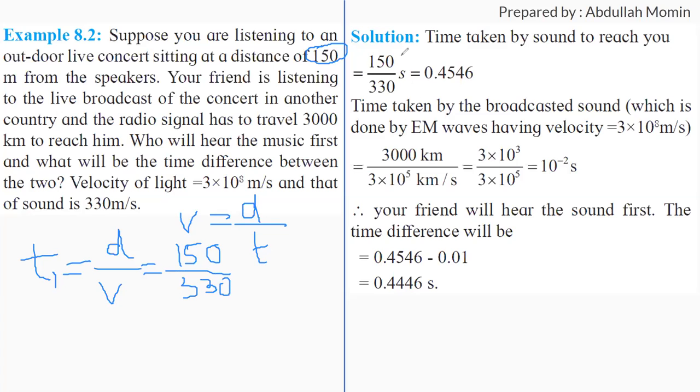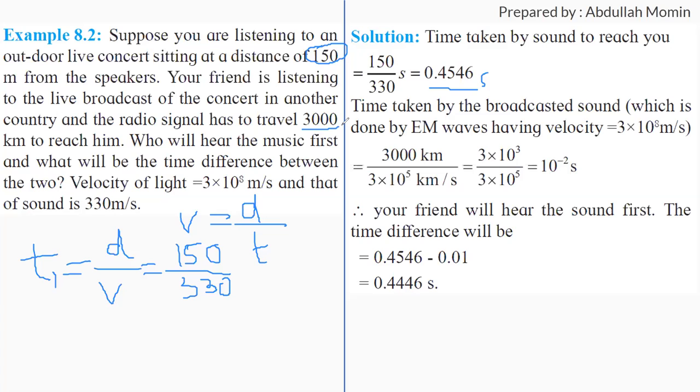So we will divide 150 by 330 and we will get 0.4546. This is the value of time taken by the sound to reach from speaker to your ear. But now this live concert is also broadcasted, and your friend is listening to this broadcast in another country, and the distance is 3000 kilometer.